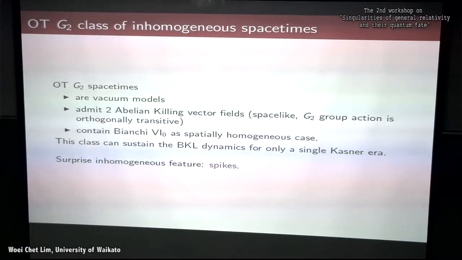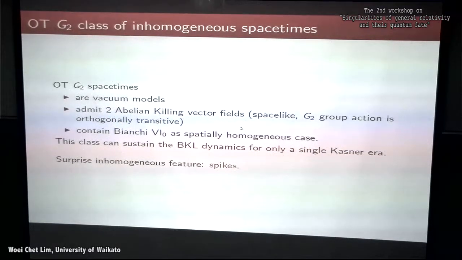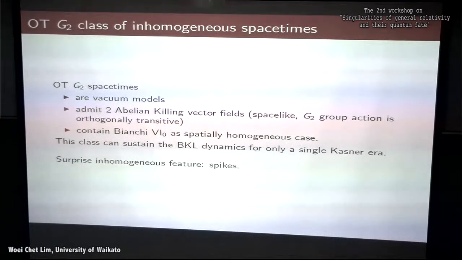Okay, let's move on to the so-called OTG2 spacetimes. These are vacuum models with two Killing vector fields which act orthogonally transitively, hence the OT. Okay, so a special class of G2 models. And it contains the Bianchi VI 0 as a spatially homogeneous limit.